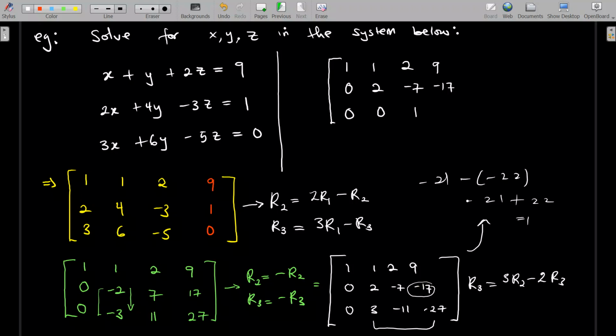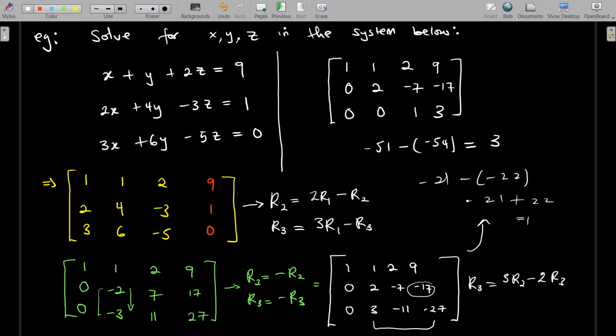So 3 times -17 is actually what? -51. So -51 minus 2 times -27, that is -54, I think. Yeah. That gives -54, and this is going to be 3. Yeah, I'm going to get 3, right? So I have 3 here.